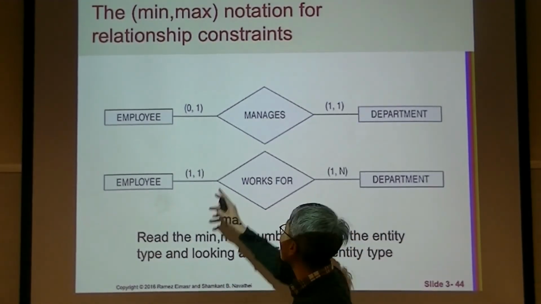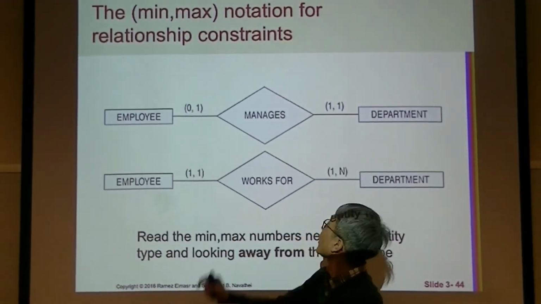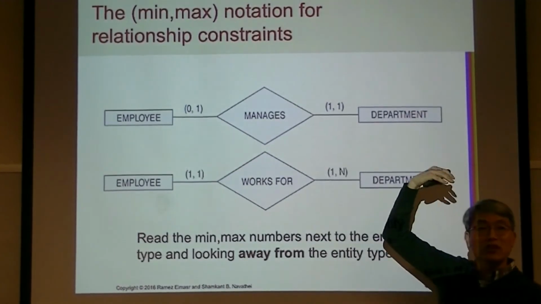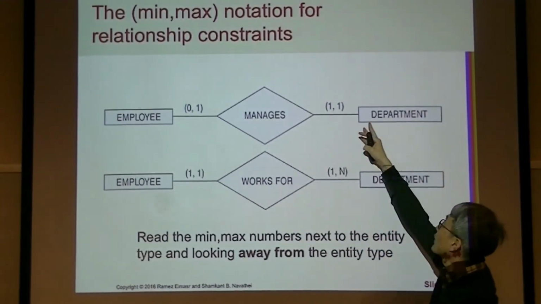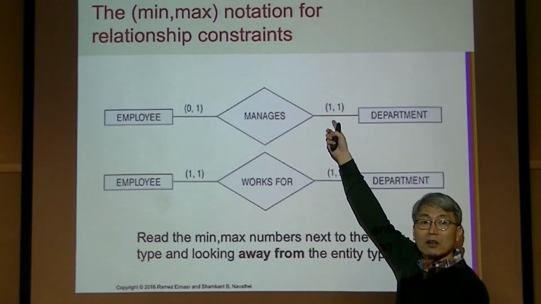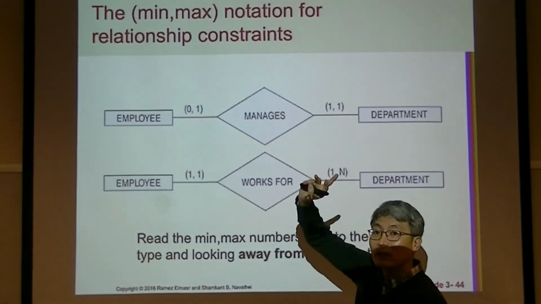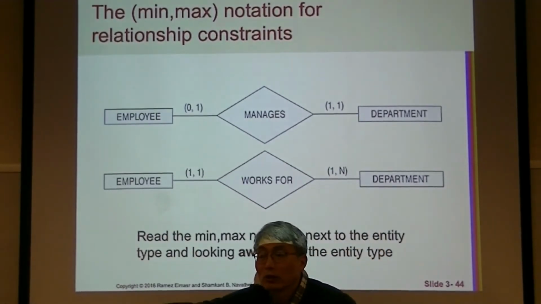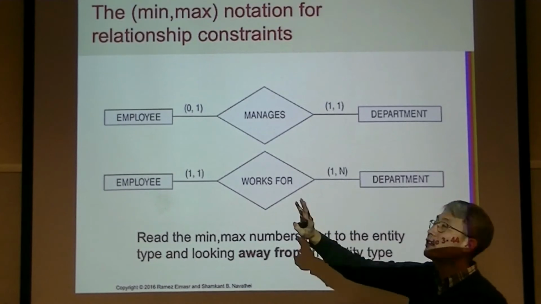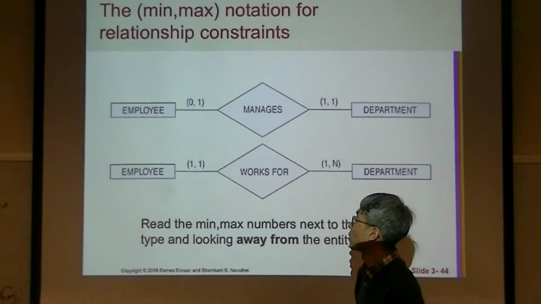Some of them are managers. How many? One department. Vice versa, from the department side, minimum how many managers? One manager, maximum one manager. So don't be confused. This is one to one in terms of the previous notation, but it's not detailed. If you want to specify the detailed requirement, you can use min-max notation.